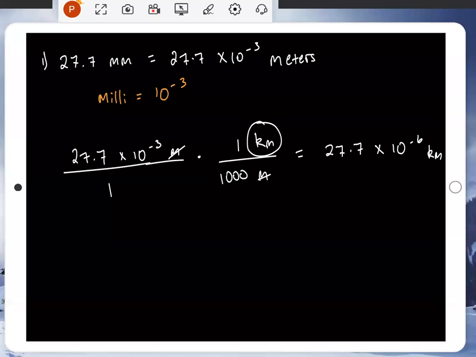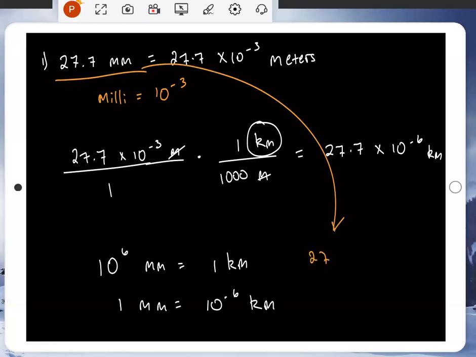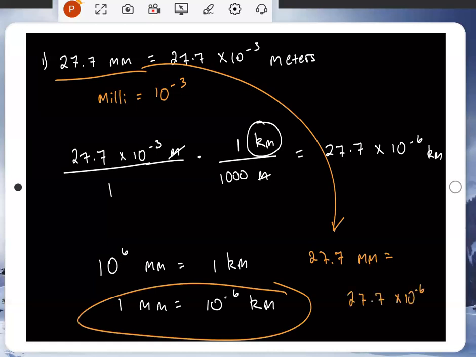But if you just know the conversion already, that there are 10 to the 6th millimeters in 1 kilometer, or the same thing, in 1 millimeter there are 10 to the negative 6th kilometers, sorry, my writing's a little bad, then you can just say, forget all this. 27.7 millimeters, this is 1 millimeter, so this is obviously 27.7 times 10 to the negative 6th kilometers, if you kind of know that already.